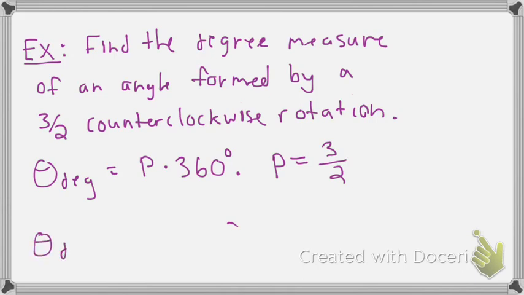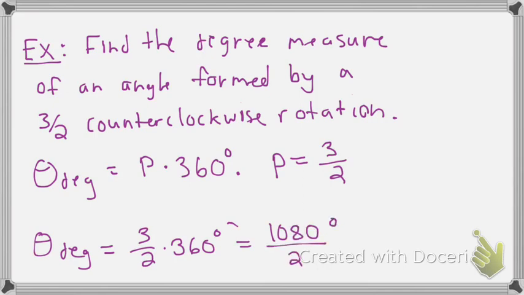So theta in degrees equals 3/2 times 360 degrees. 3 times 360 is 1080, divided by 2, which equals 540 degrees. So a 3/2 counterclockwise rotation corresponds to an angle of 540 degrees.